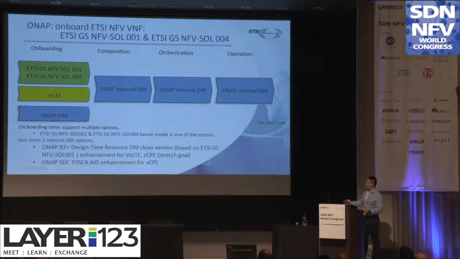One we call the ONAP SDC8. That is the one already existing in the ECOMP, which is one of the seed projects for ONAP. And another one is newly introduced in ONAP, which we call ONAP R2+. That one is based on the NFV spec.